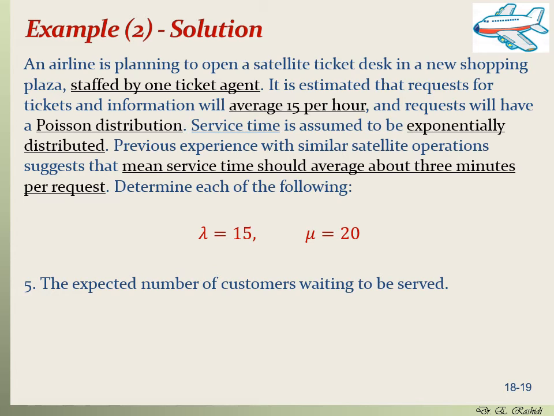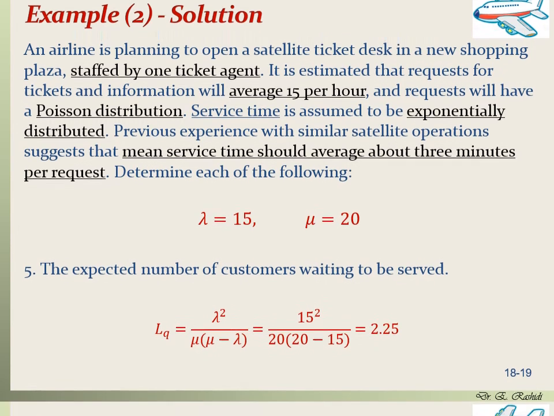So that's L sub Q. And we write the formula L sub Q is equal to lambda squared divided by mu multiplied by mu minus lambda. So we have lambda as 15 and mu as 20, so we get 2.25. So the expected number of customers waiting to be served is on average 2.25.